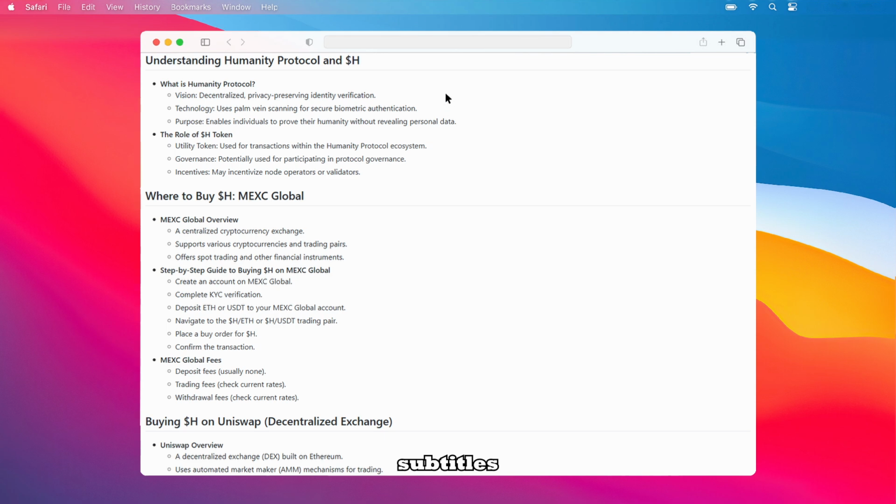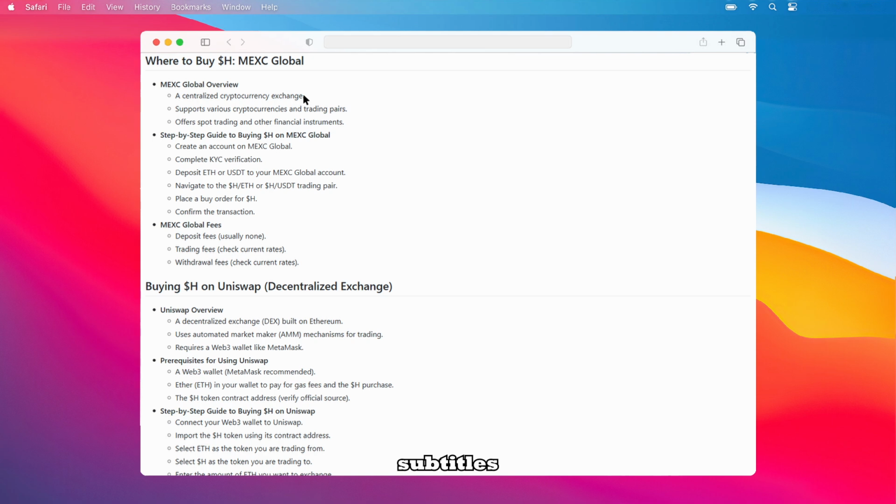To buy $H on MEXC Global, you'll need to create an account, complete KYC verification, deposit ETH or USDT to your account, navigate to the $H/ETH or $H/USDT trading pair, place a buy order for $H, and confirm the transaction. Keep in mind MEXC Global has deposit fees, which are usually none, trading fees, and withdrawal fees, so make sure you check the current rates.